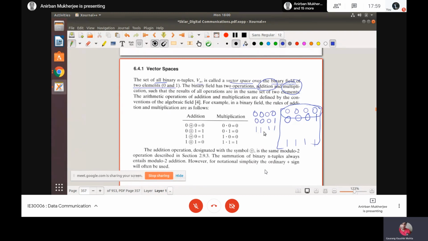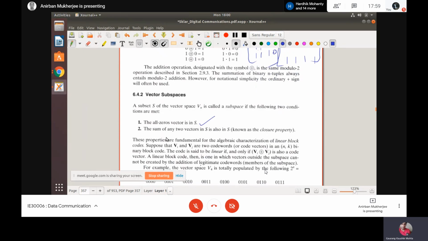No, because the summation of these two must also be there. Summing them, 1 plus 1 is 0, 1 plus 0 is 1, and so on. Now the summation of these two also gives the one already present. So this is a right subspace. Anyway, this has only 4 elements, so it is a 2-dimensional subspace.